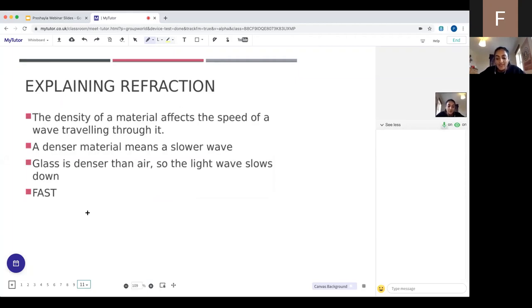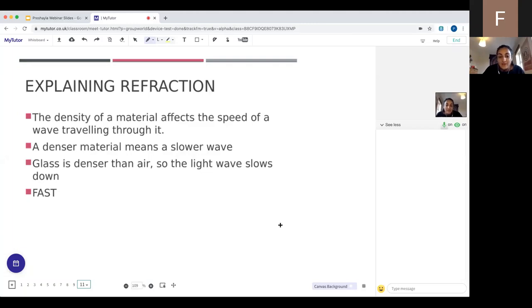So the density of a material affects the speed of a wave traveling through it. If we have a denser material, we have a slower wave. And that makes sense, right? If the wave is trying to get through particles which are more closely squished together. I told you that we have the three transparent materials of air, water, and glass. Well, that's gas, liquid, and solid, right?